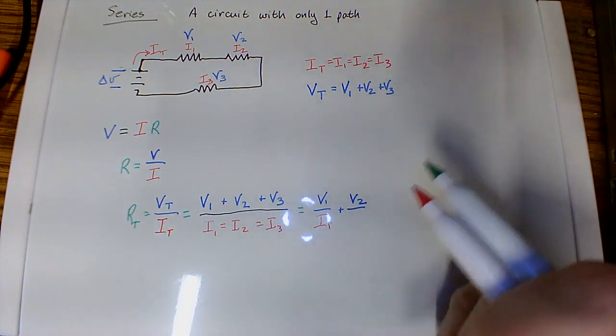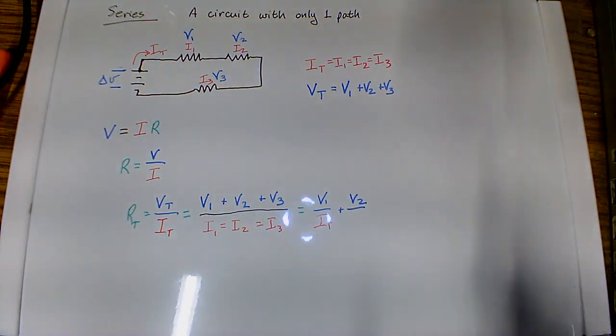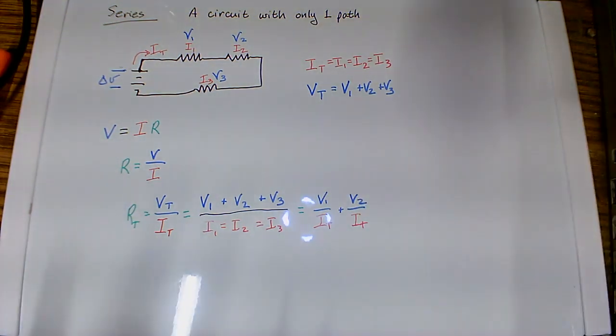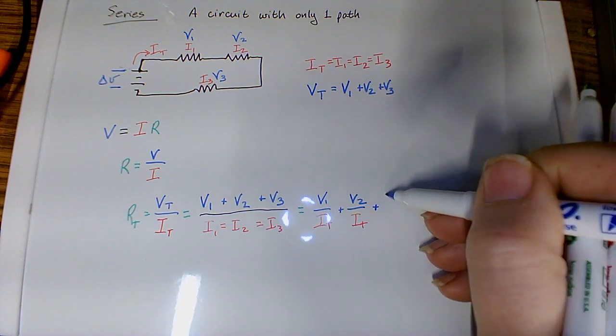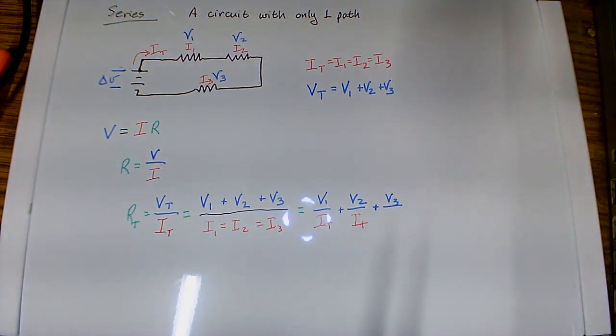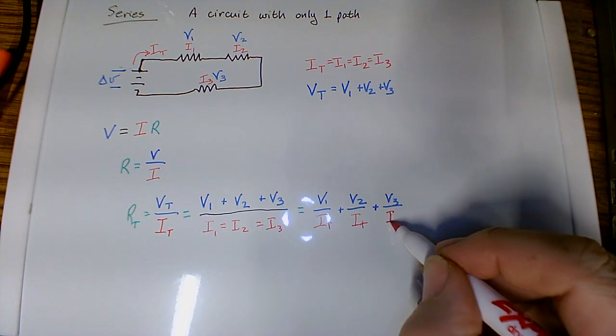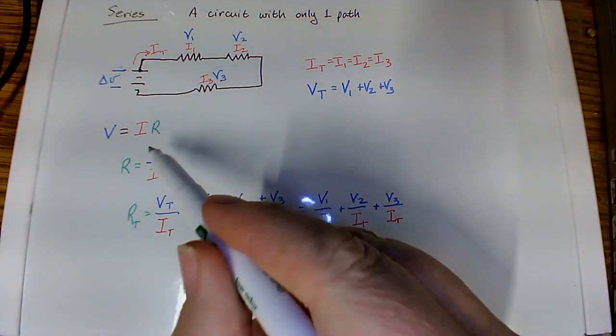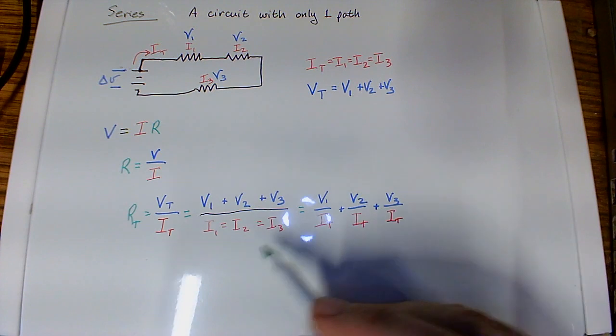Plus V2 over I T, plus V3 over I T. Now, since we've looked at this and we said that in each case R equals V over I up here, I can substitute in here.